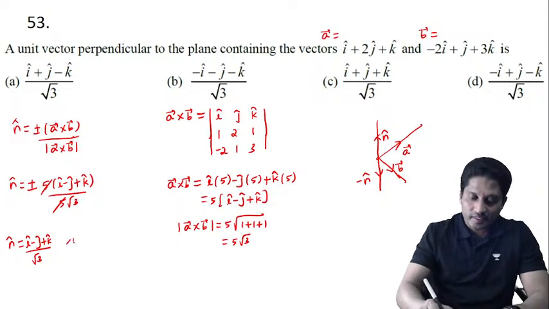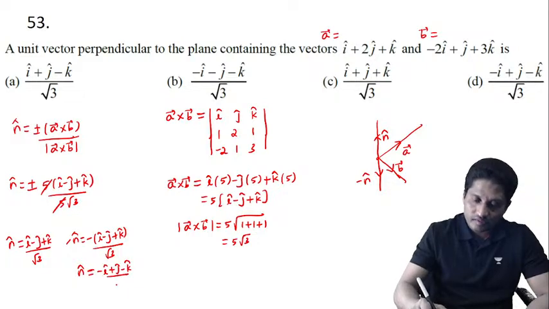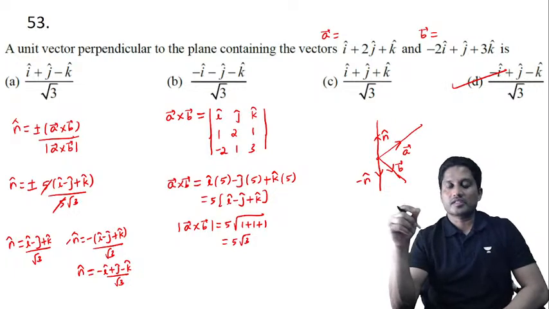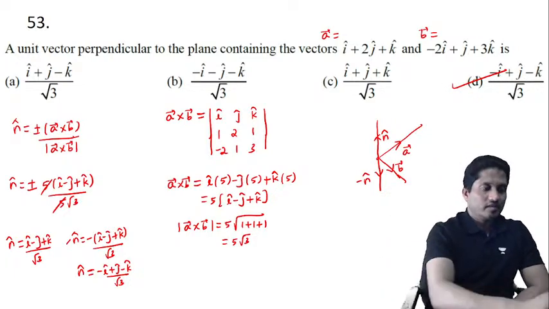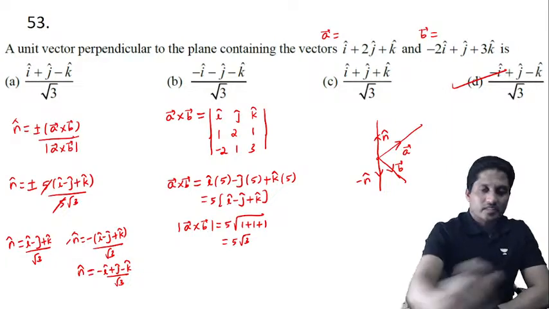If I take minus, n cap is equal to minus of i minus j plus k whole divided by root 3, and n cap is equal to, if I multiply the minus sign, you get minus i plus j minus k whole divided by root 3. That's the last option, D. Minus i plus j minus k by root 3. D only. Right? Let's move to the next question.